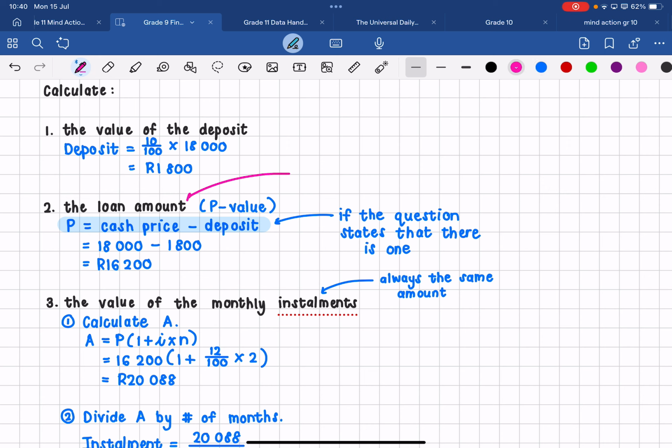I'm also just going to add here, if no deposit, P equals cash price. So if there's no deposit, then you obviously owe the shop the full cash price. So that is then your original amount. That is the amount that you owe them. So just add that there as well.